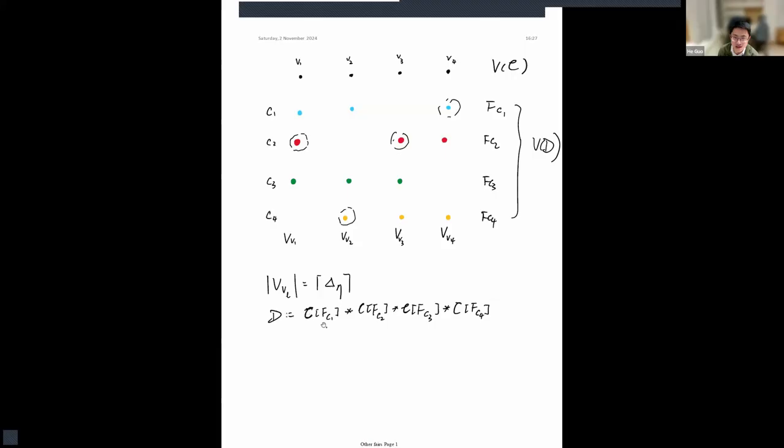So that is C induced on all the vertices so that the color C1 is in their color list, and so on. We can make another complex here. We make the join of them. That is our D. So for our D, the vertex set is defined on all such copies.